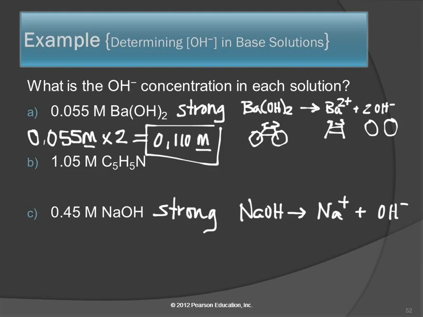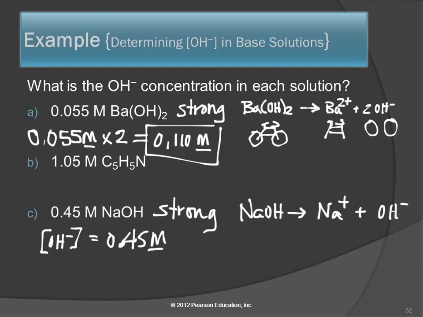Or we could go back to the shoes. There's the left shoe and the right shoe. For every pair of shoes that you started with, you have 1 of each of these. So if we're starting with 0.45 molar sodium hydroxide, and all of it comes apart, what's the concentration of the hydroxide? 0.45. It's the same. So the hydroxide ion concentration is going to equal the same thing.